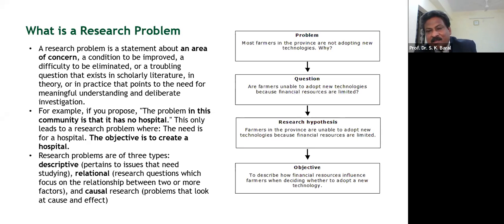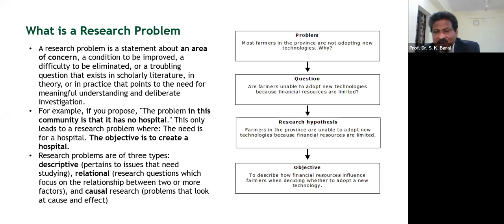Another example of a problem: most of the farmers in your province are not adopting new technologies. Why? So you are asking a question. Are farmers unable to adopt new technology because financial resources are limited?